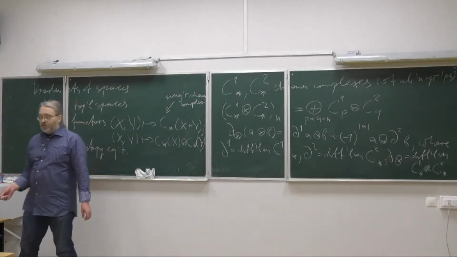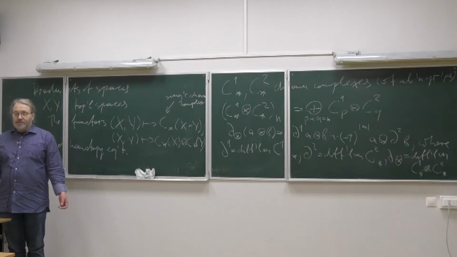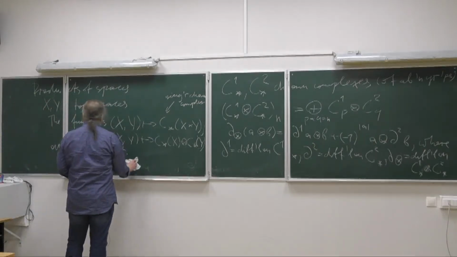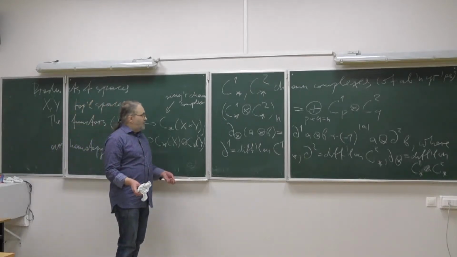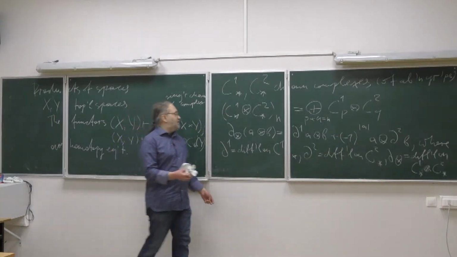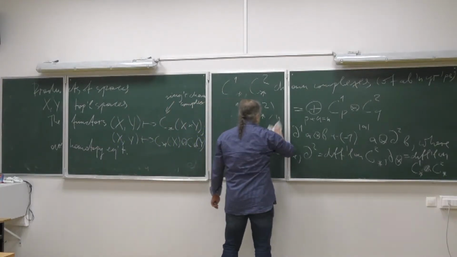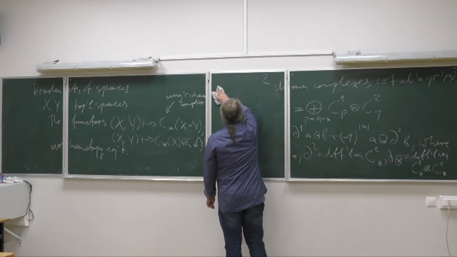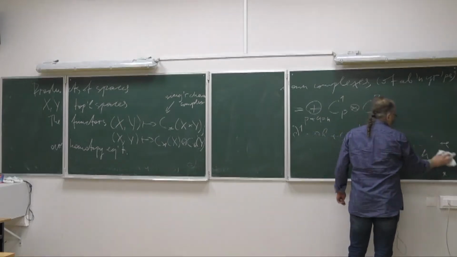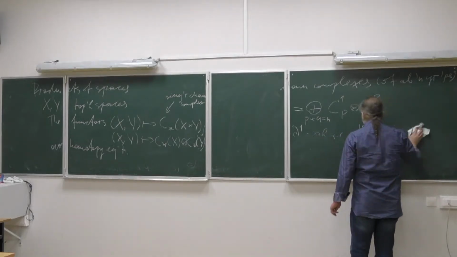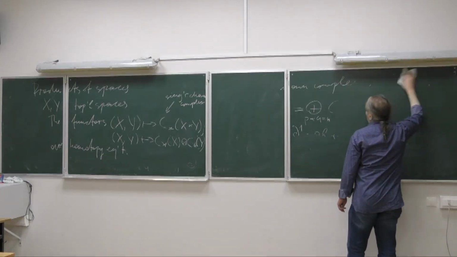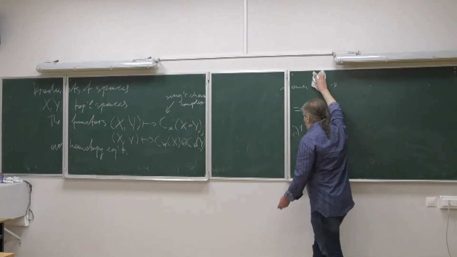Does everyone know what a natural transformation is? Okay. Okay, I will erase this formula, and basically the formula is a variant of the Leibniz rule with signs.